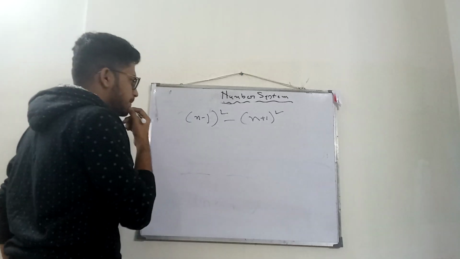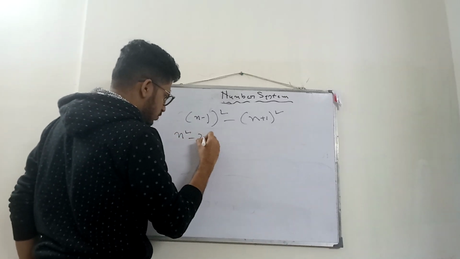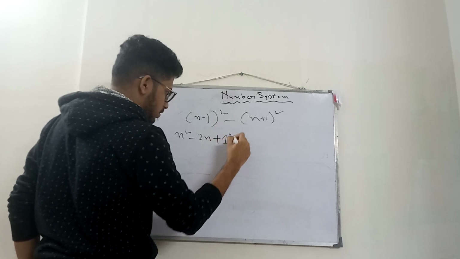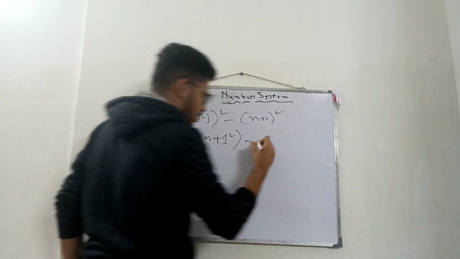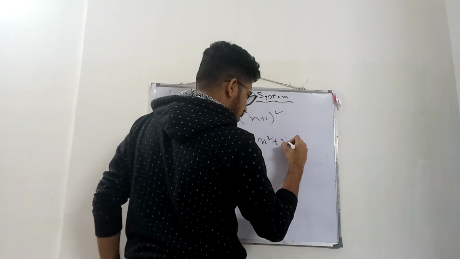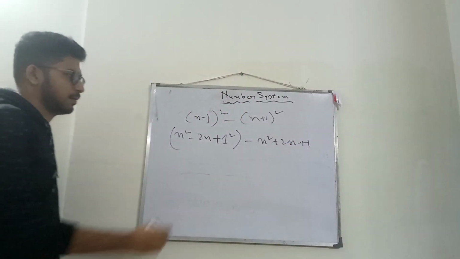Okay, so let's do one thing. n square minus 2n plus 1 minus n square plus 2n plus 1. Done.